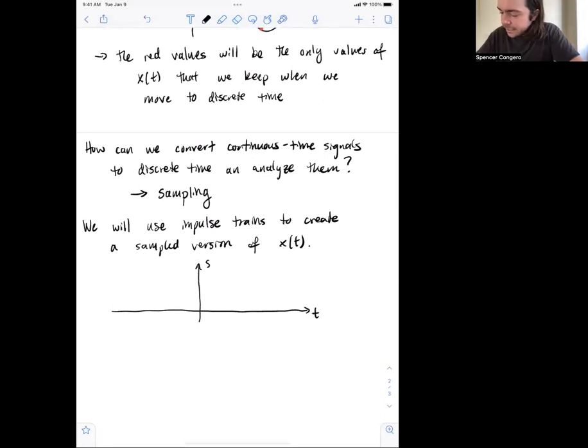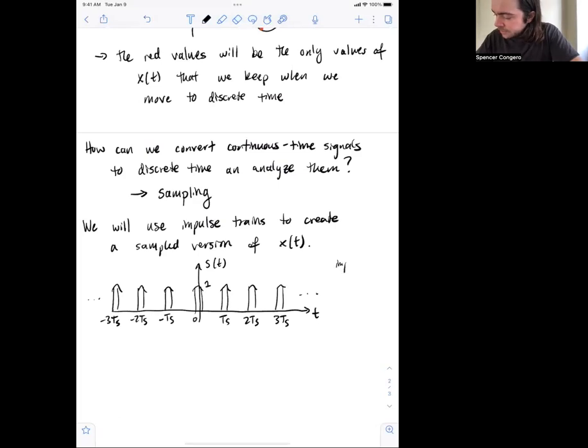I'm going to call it s of t, my impulse train, and I'm just going to take it to be this sequence of delta functions, all of height 1. This goes on forever, and they're going to be periodic with period t sub s. Okay, so this is an impulse train.